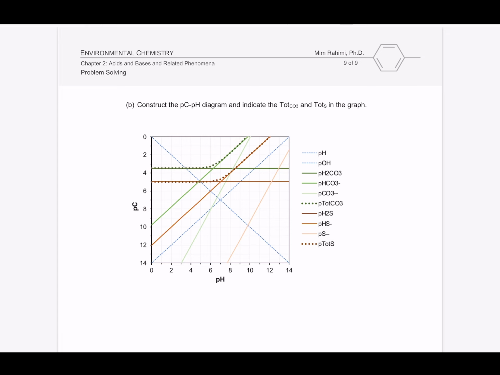So basically what this tells us is that the total concentration of carbonic acid would significantly go down if the pH goes below 6. But on the other hand, the concentration of H2S would go significantly down for pH below 7. So that sort of information is pretty useful to evaluate at a certain pH how much of that particular system we have in the solution.